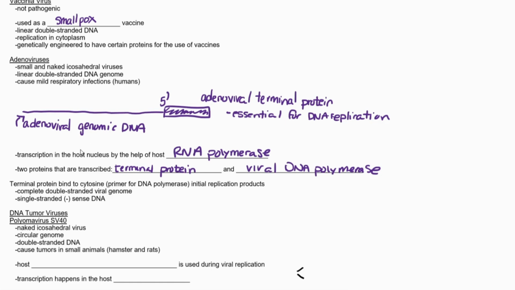DNA tumor viruses. Polyomavirus SV40 is a naked icosahedral virus. It has a circular genome, double-stranded DNA, and causes tumors in small animals like hamsters and rats. The host DNA polymerase is used during viral replication.